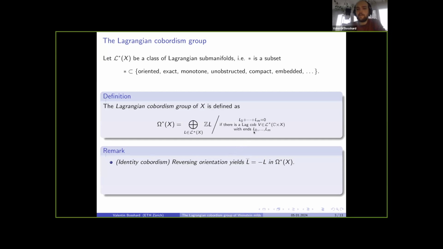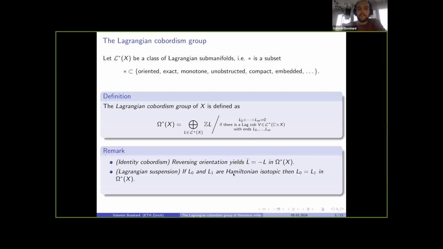Maybe you have seen something similar like that. You need to be careful here a little bit about the sign of the sum to be 0. The signs are correct when you choose a grading on your cobordism V that induces a grading on each Lagrangian, and then you get the correct signs. But I don't care so much about that. But yeah, this is how you get this minus here.